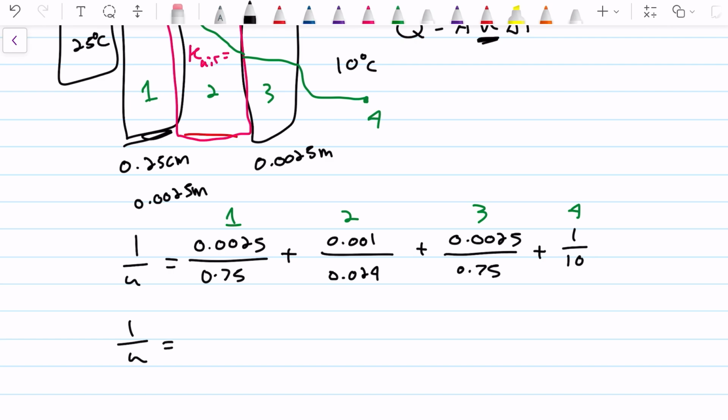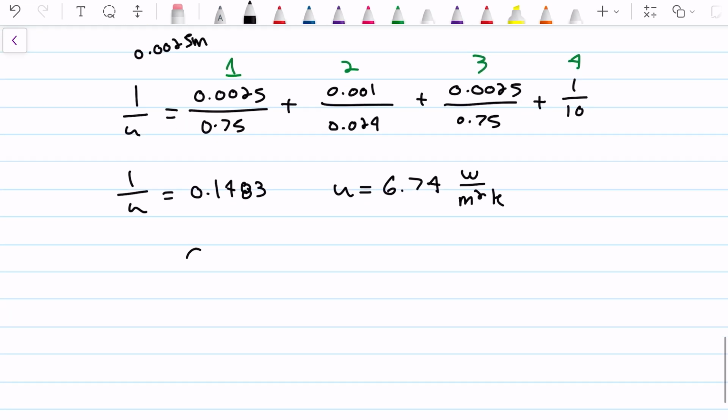let's throw this in the calculator. 0.1483, and then the overall heat transfer coefficient, if we take the reciprocal, 6.74, and that is watts per meter squared Kelvin.